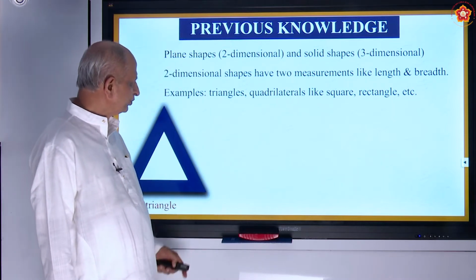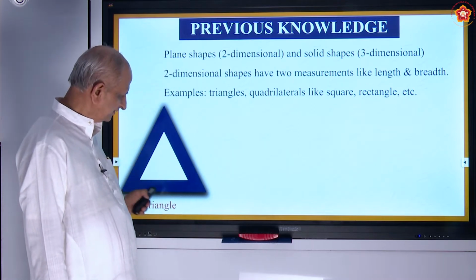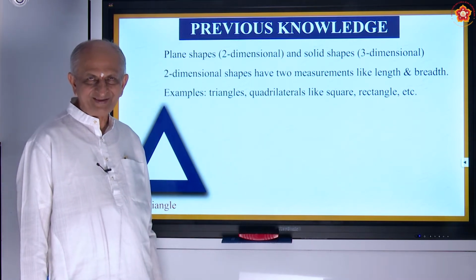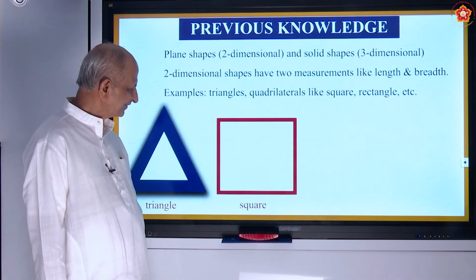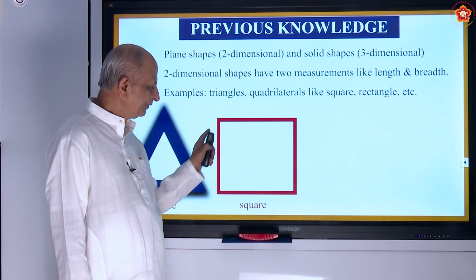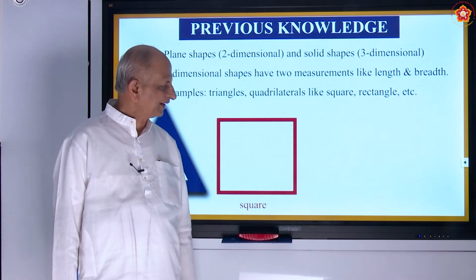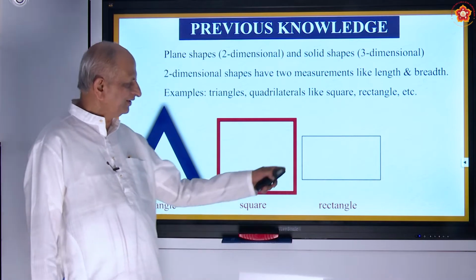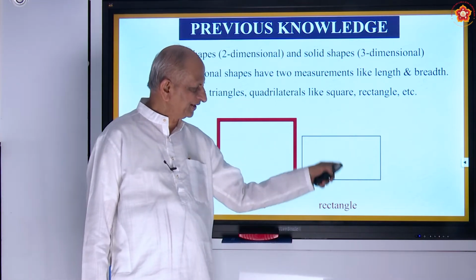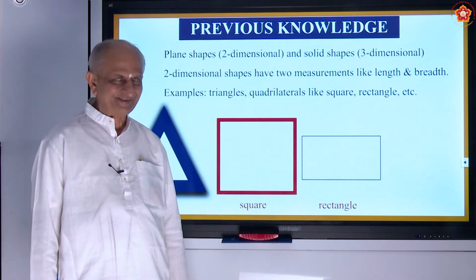For example, two-dimensional shapes. This is the one famous, all of you know, triangle, correct? What is this called? Square. All the sides are equal, all angles are equal, two diagonals are equal, correct? And what is this called? Rectangle. Opposite sides are equal and parallel. All the angles are 90 degrees.